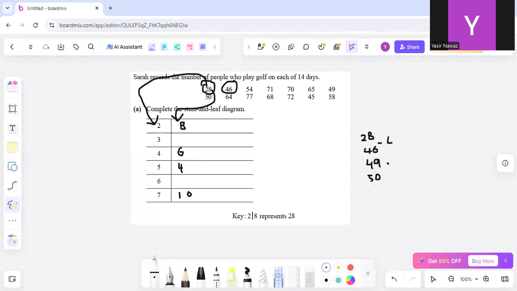So 28, 45, 46, 49, 50. And after 50, the number is 54.